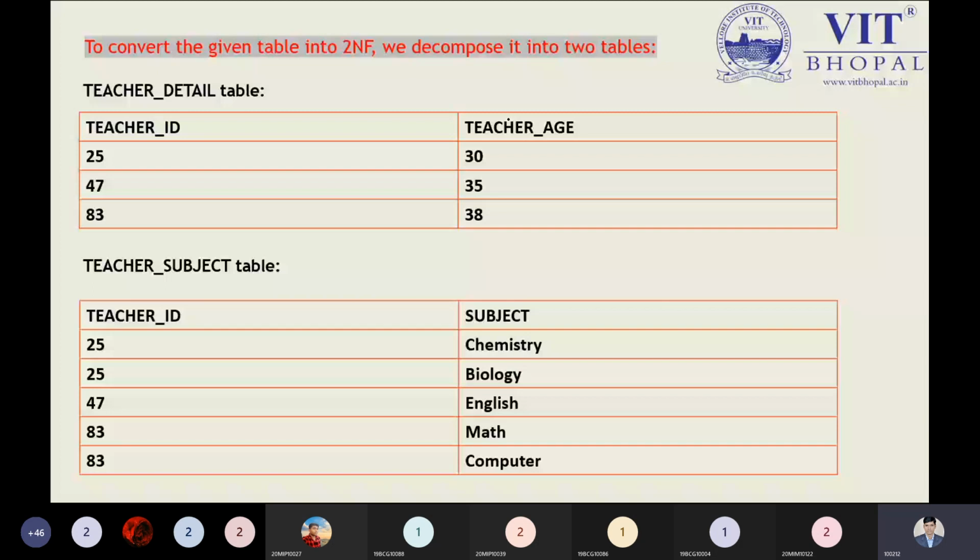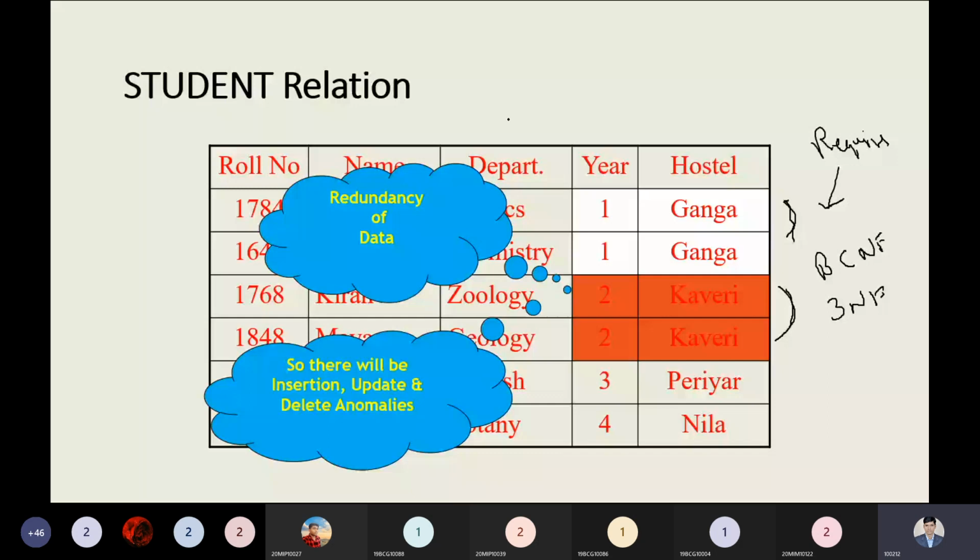Why? Because subject name, I am offering DBMS. The same age kind of faculty can also offer the same course. So in this case, you can observe over here, subject name and teacher age may have the same value, and here we have the duplicacy, just like here, Kaveri and Ganga, and we have them multiple times here and here again multiple times. Same teacher's age, here you can observe, we have 30, 38.